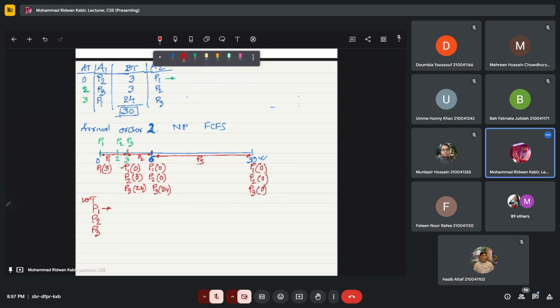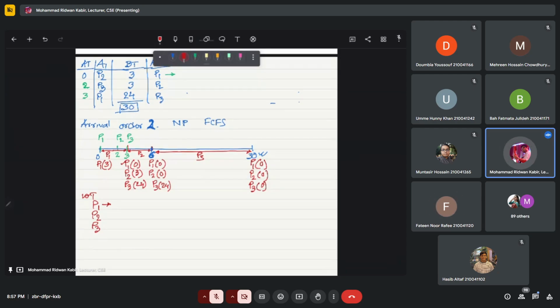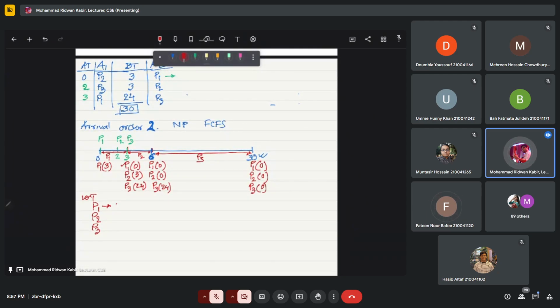Why? Because it got the CPU the very moment it arrived. So the waiting time for P1 is 0. Since we don't have any other occurrence of P1 in the timeline, we'll keep it at 0. For P2, what is the waiting time? So 1. That is correct.